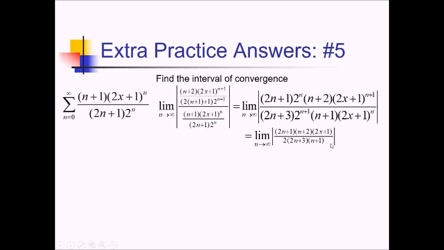Okay, well, as n approaches infinity, this plus 1 next to the n in here, this plus 2, this plus 3, and this plus 1, since those are in parentheses with n's and n is getting super big, we can ignore those constants that are being added in there. So I really just have 2n times 2x plus 1 upstairs.